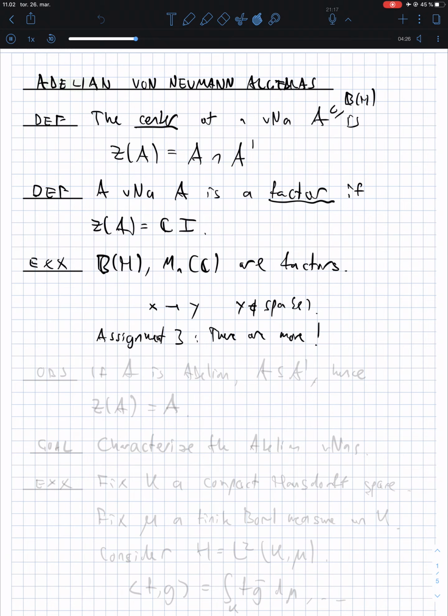So what I'm going to do, as you can see from my title here, is go in the opposite direction. Right? I'm going to go in the direction where the center is big. So just make it as an observation.